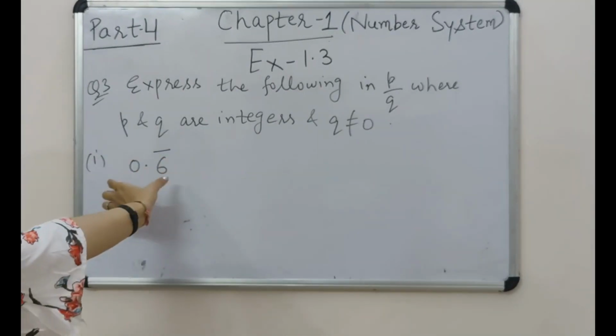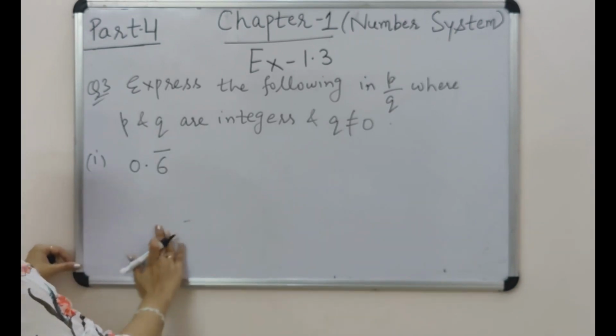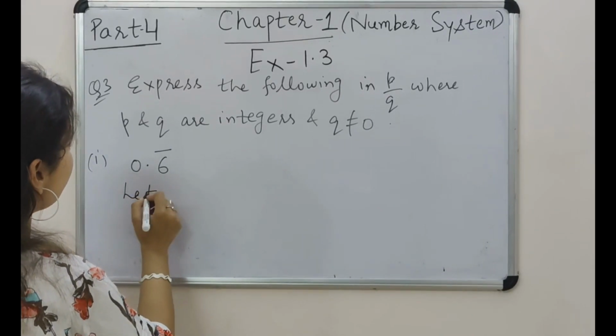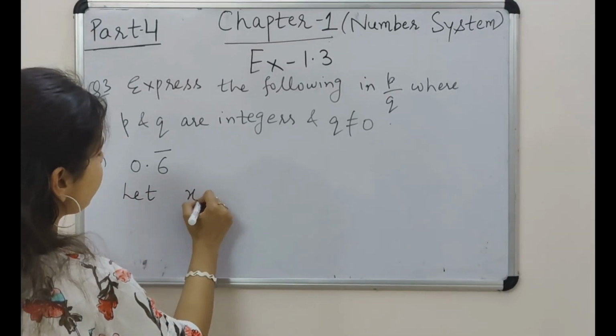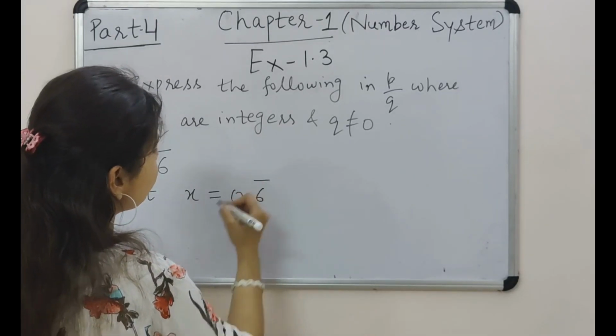So we need to convert this given value into the proper p by q rational form. So let's get started. What is the procedure to do this? Suppose I take this value as x, let x equal 0.6 bar.